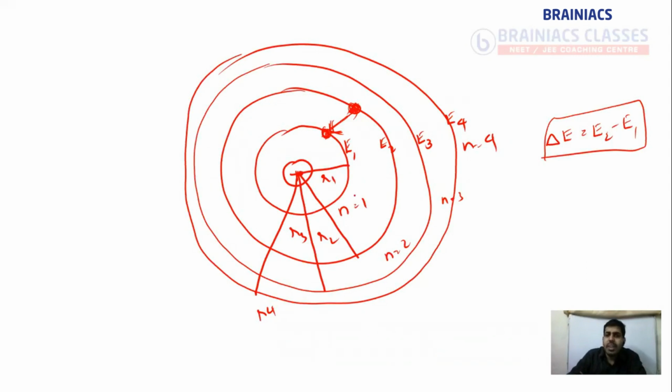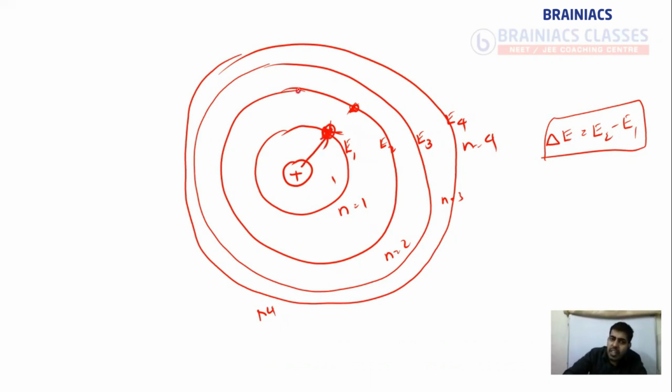Now my question is, when an electron is present in n is equal to 1, it is near to nucleus, so this is strongly attracted.